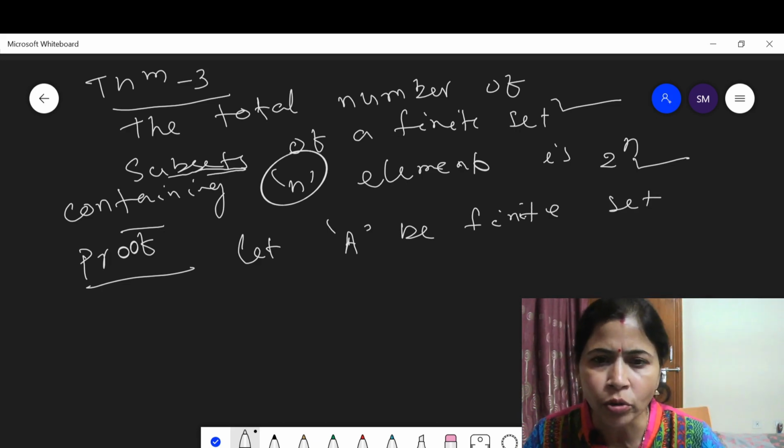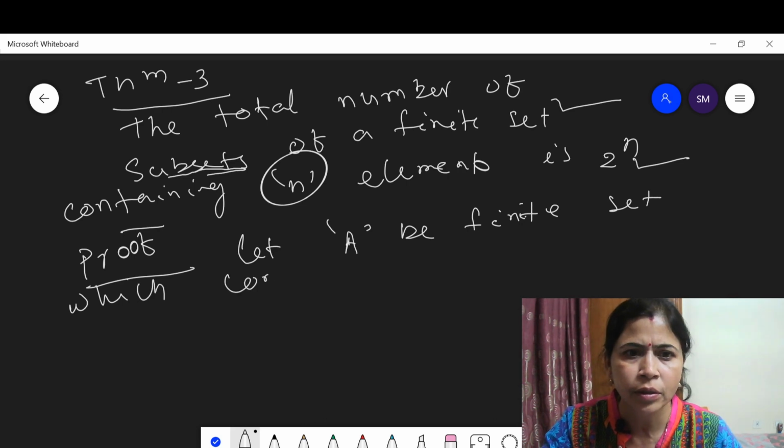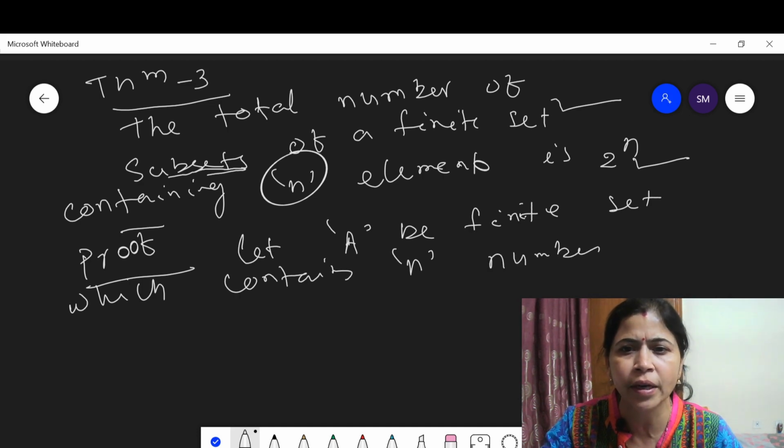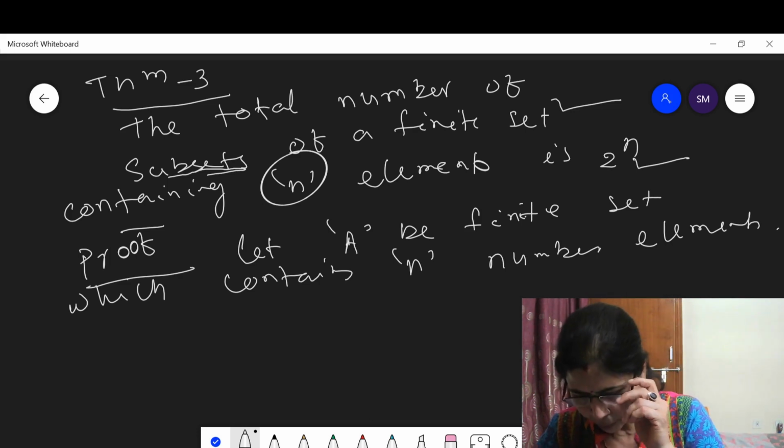Students, please note down the important points. Let A be the finite set which contains n elements.